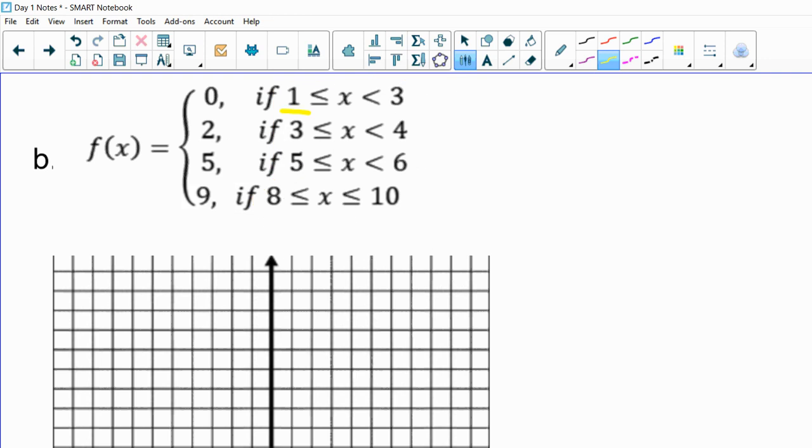So I'm going to have a fence at X equal 1. I'm going to have a fence at X equal 3. I'm going to have a fence at X equal 4. I'm going to have a fence at X equal 5. 1, 2, 3, 4, 5. Goodness.